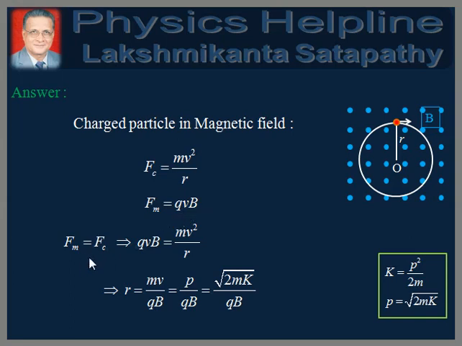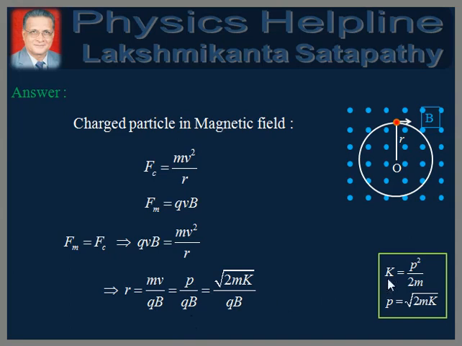One provides the other. Centripetal force is provided by magnetic force. Therefore, equating the two, we get QvB is equal to mv square by r. So, r is equal to mv square by QvB. So, one v gets cancelled here. We get mv by QB. r is equal to mv by QB. Now, mv is nothing but the linear momentum of the particle, p. So, we get r is equal to p by QB.